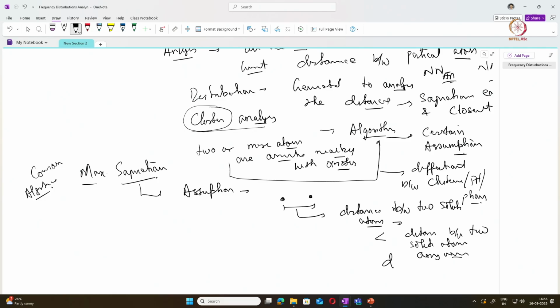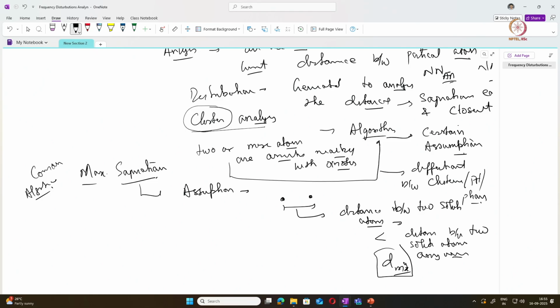So there is a term which is called D max. Okay, so if the distance between two solutes present in the data set is less than the D max, then these are termed a cluster of atoms.